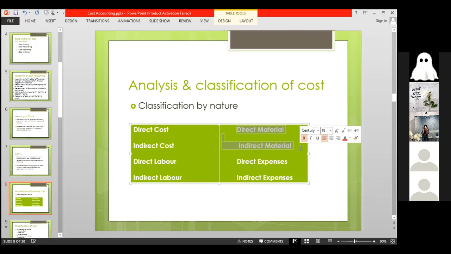The fuel consumed to take product from one place to another, that is a direct material consumed.